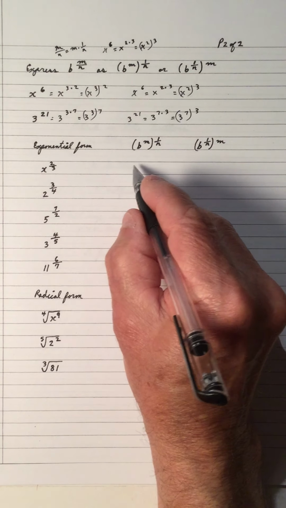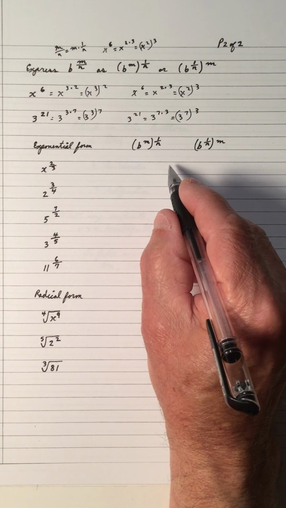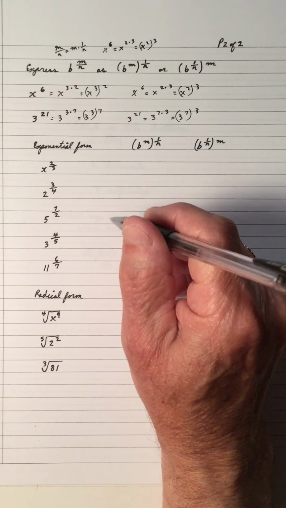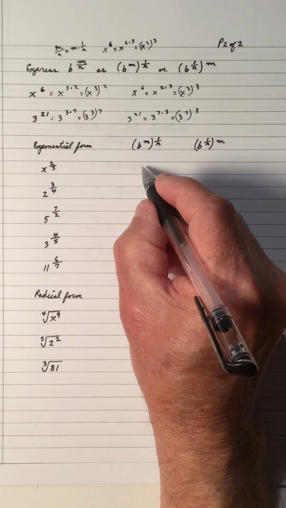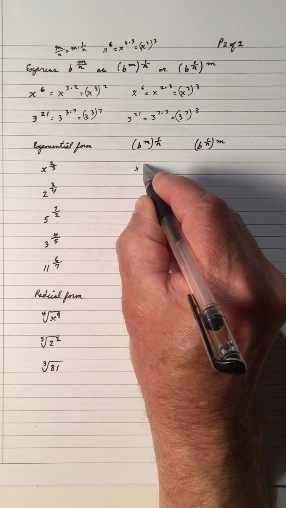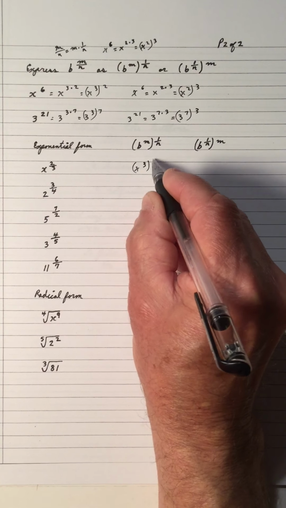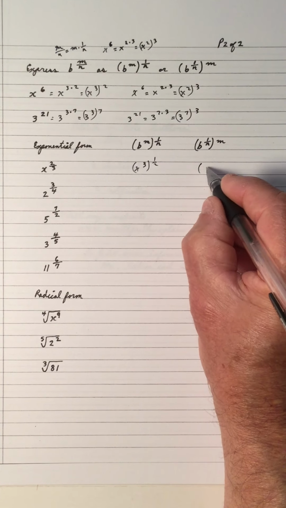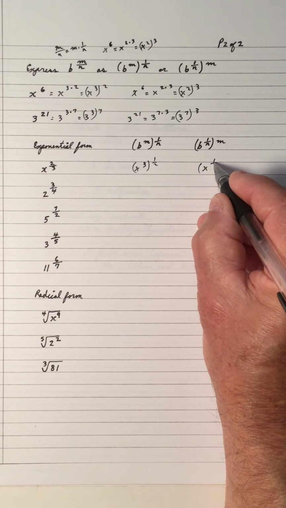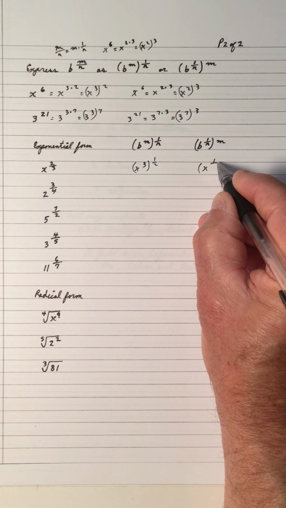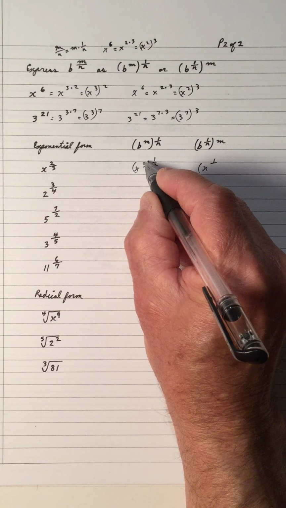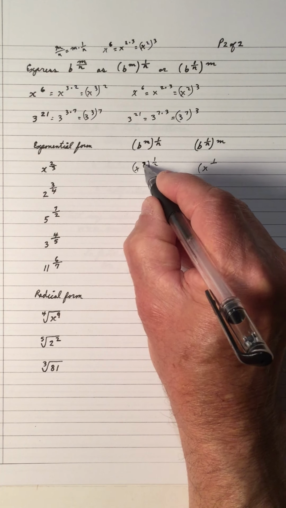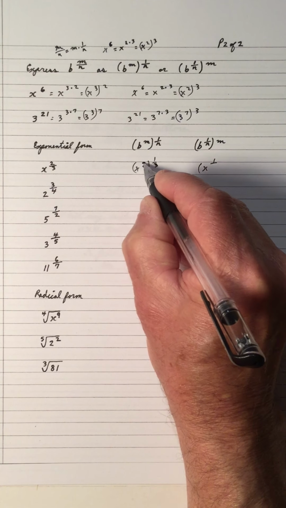So rearranging, just another way to write these down in case you might need it in some problem. So we have x to the 2/3, that's x squared to the 1/3, or x to the 1/3 squared.